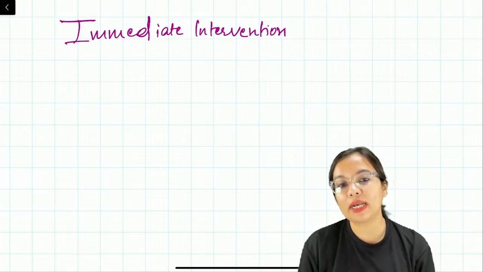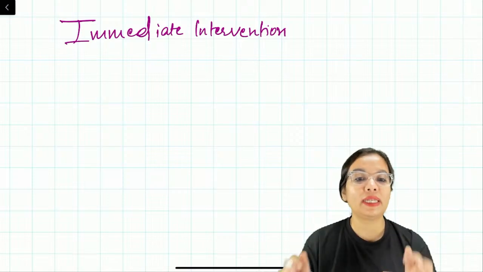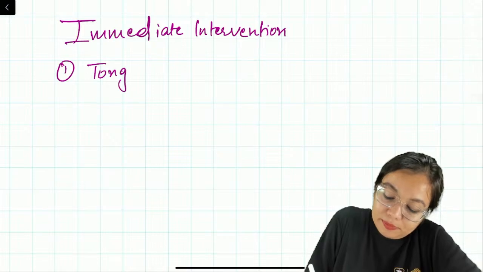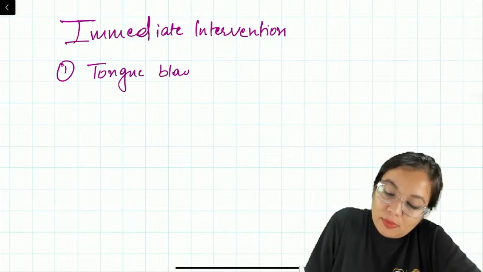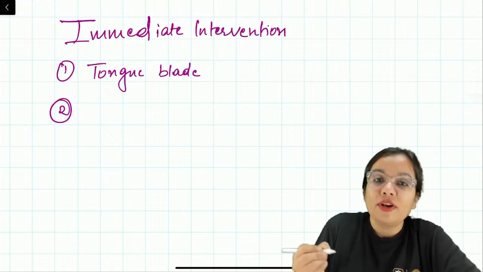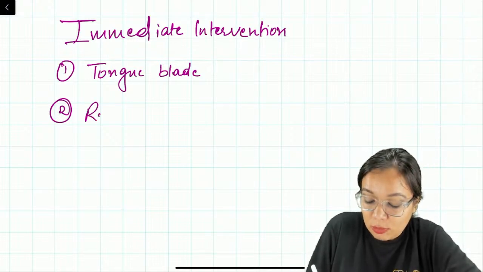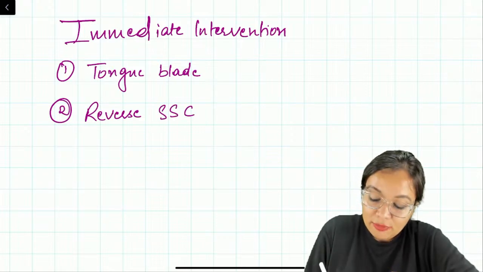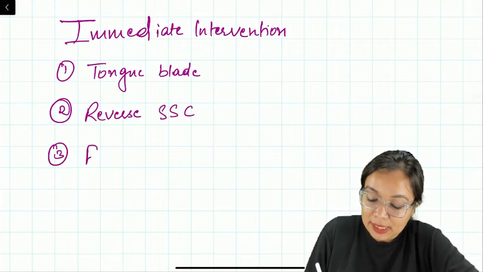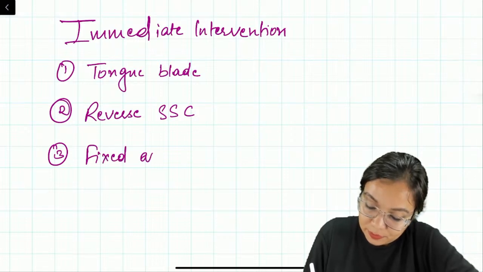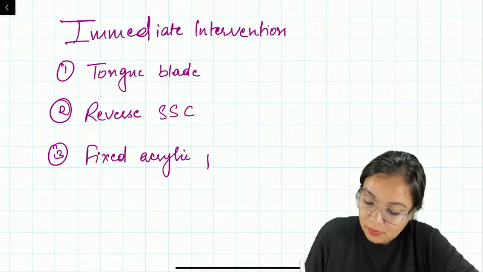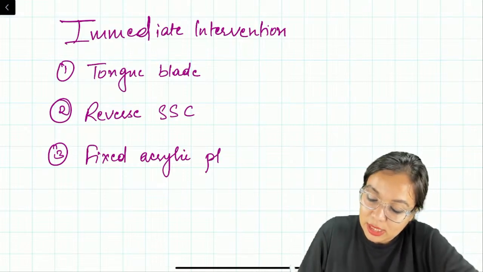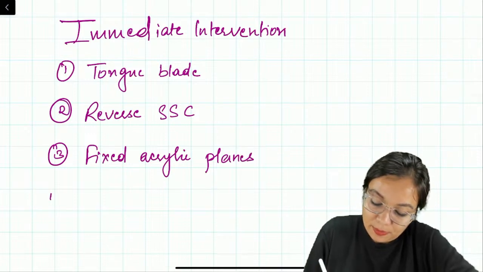So the various modalities that have been proposed to correct the anterior dental crossbite are: number 1, tongue blade; number 2, reverse stainless steel crowns. I'm going to show you the picture. Then we have fixed acrylic planes, so these are anterior bite planes.